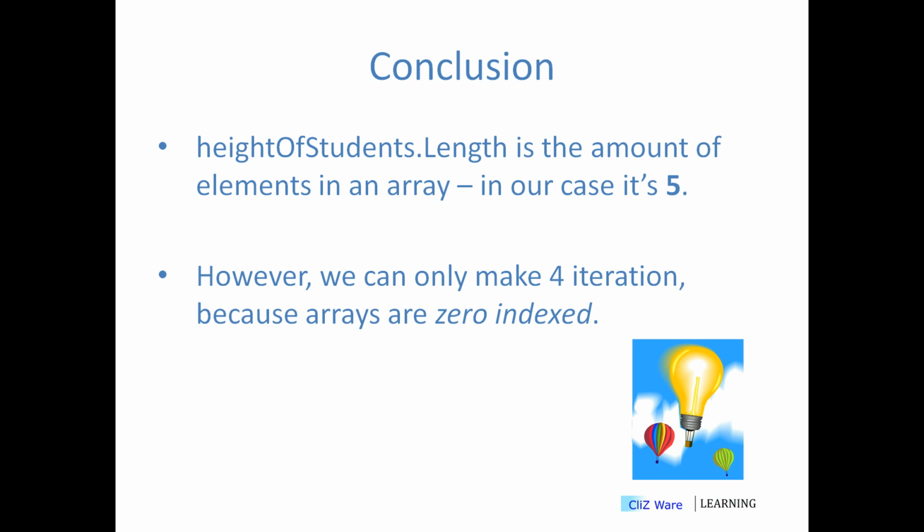However, we can only make 4 iterations because arrays are 0 based, so this array will consist of 5 items, but as you know, it's 0 based, so it will start from 0, 1, 2, 3, 4.